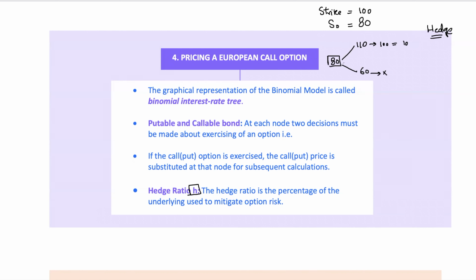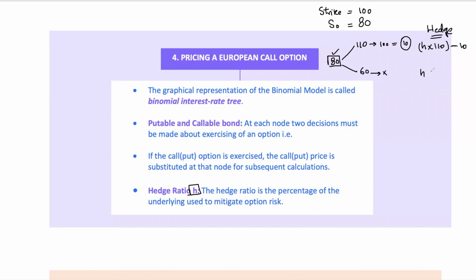To hedge against selling one call option, we need to buy H units of the stock. Our goal? Find the perfect H that makes sure our portfolio value remains the same no matter where the stock moves. At the end of the year, if the stock jumps to 110, our portfolio value will be H multiplied by 110, then subtract 10 because we owe 10 euros on the call option.